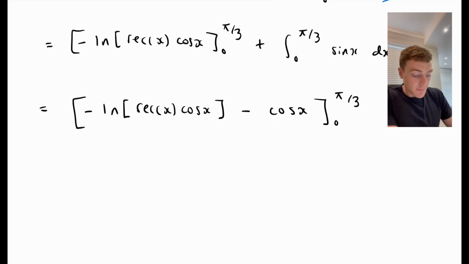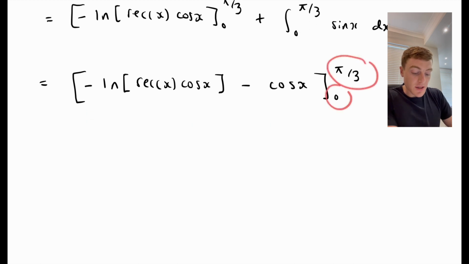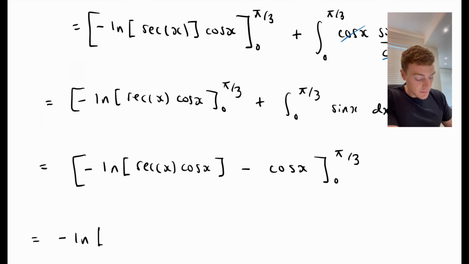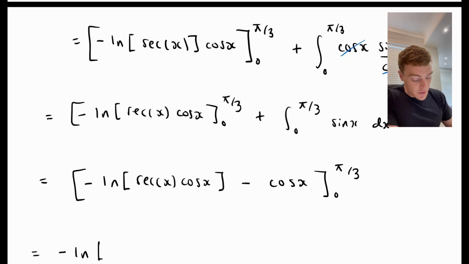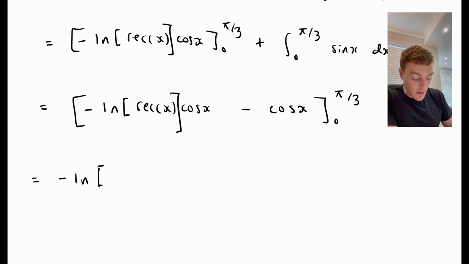Okay, so that would be my indefinite integral, but now because we have limits, we need to evaluate that. So that's going to be minus ln of sec of x times by cos x. Let's rewrite sec as 1 over cos.